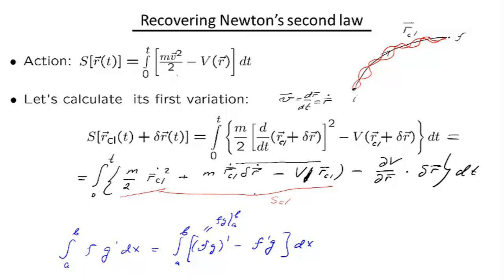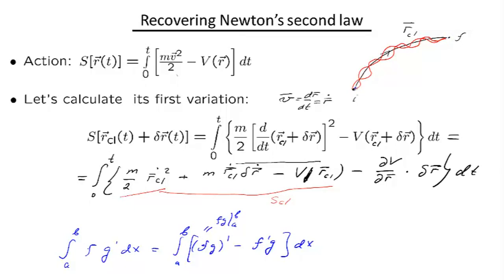Now in our case, the role of the function g is played by this dr dot, and the role of the function f is played by this m r dot. So we want to move the derivative over time from here to here. But this full derivative term, if we calculate the values of dr at time 0 and at time t, corresponds to the endpoints of this trajectory.